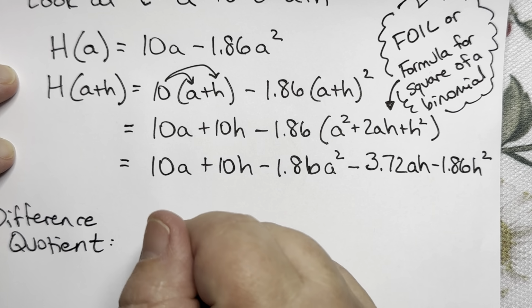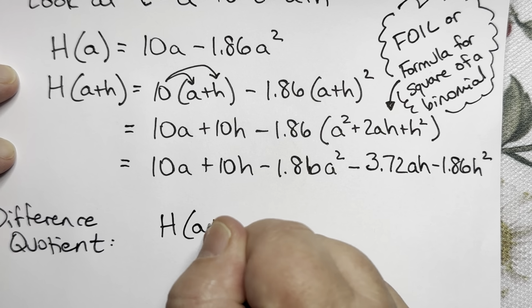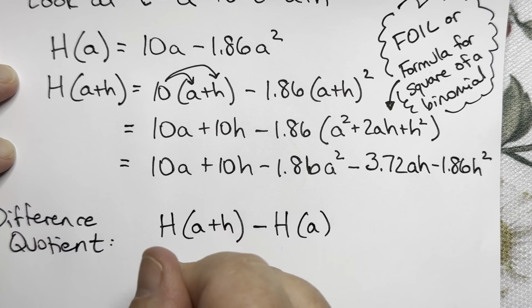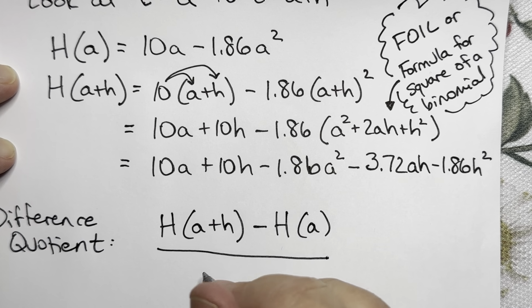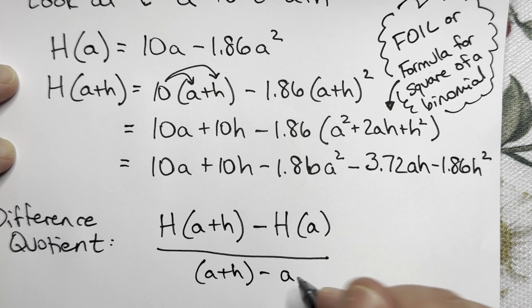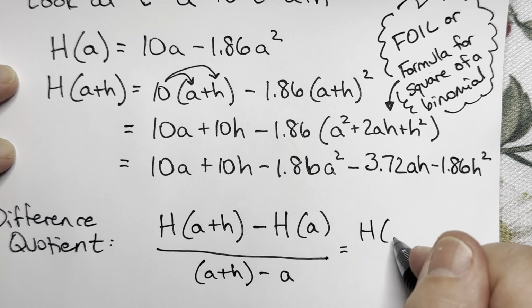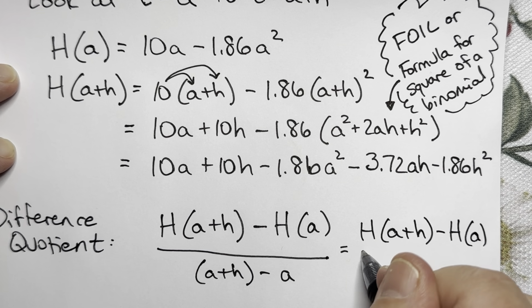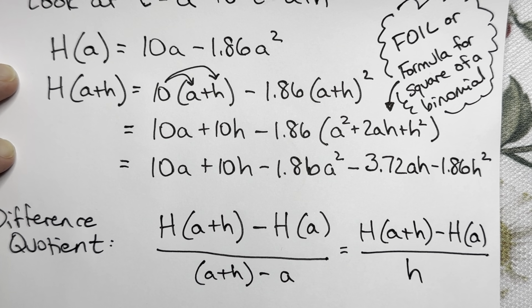The difference quotient is what happens when we take the point at a plus h and we compare that to the point of a. So we're still finding an average velocity. But what ends up happening is I can simplify a few things and I end up with just h in the denominator.